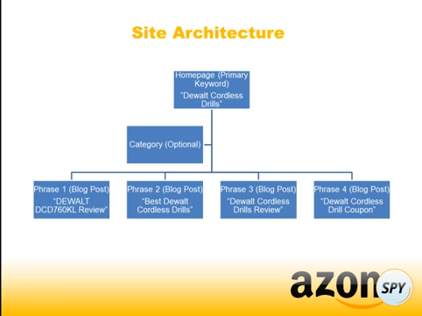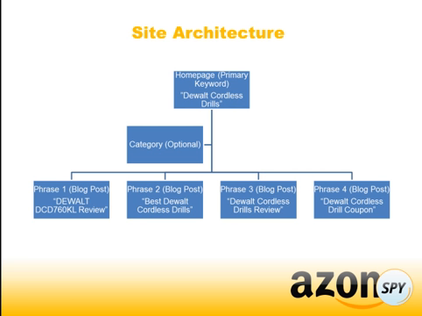Then what I would do is create another blog post and target it towards people searching for best DeWalt cordless drills. Same thing with a third blog post, I would target DeWalt cordless drills review, and then DeWalt cordless drill coupon. So the concept here is very simple.